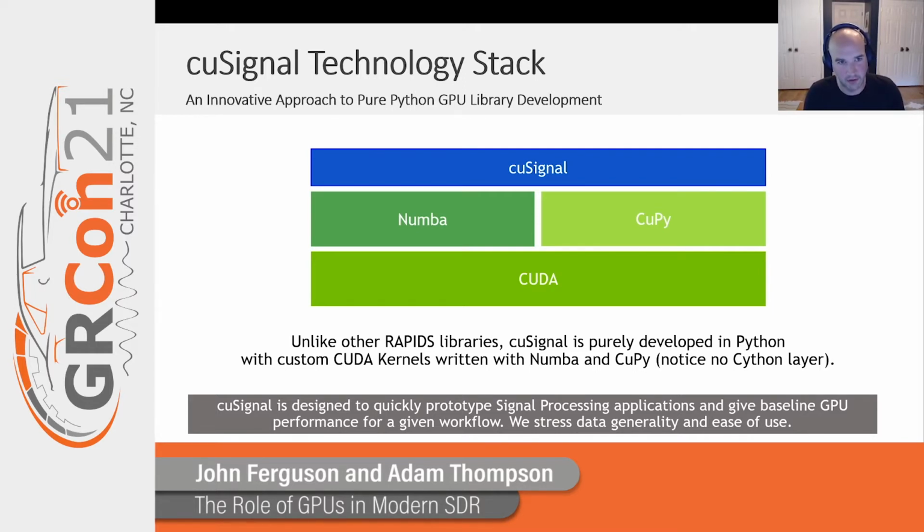So feature first, performance second. The quickest way to realize this was to focus and build our software totally in Python. There are libraries that build on top of CUDA that expose Python bindings that we can leverage to put everything together to create a signal processing software package, which is cuSignal.